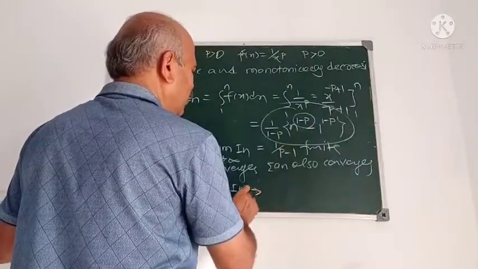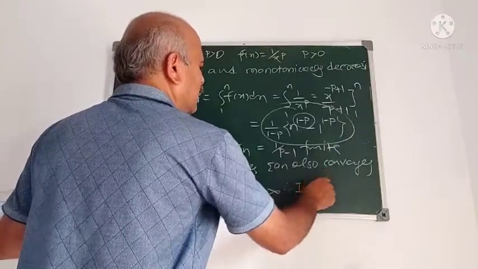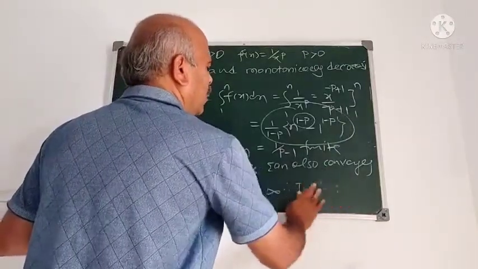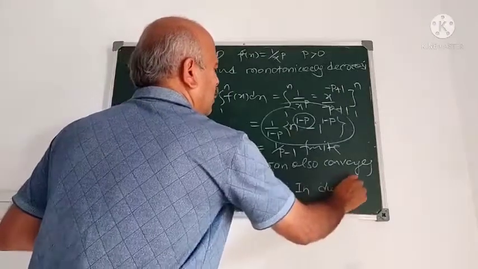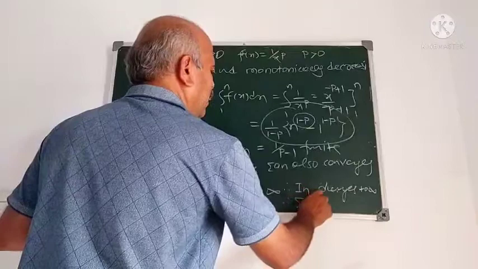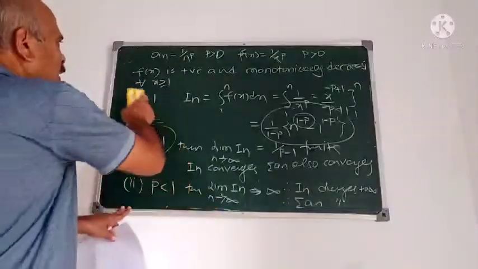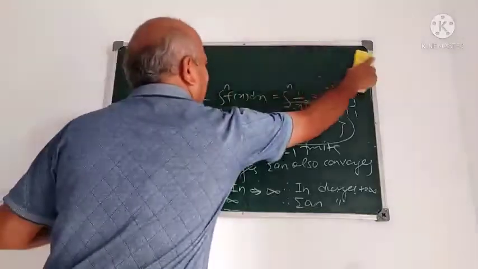Therefore I_n does not converge, it diverges to infinity. Therefore sigma I_n diverges to infinity. So p less than 1 it diverges, and p greater than 1 converges by the integral test.